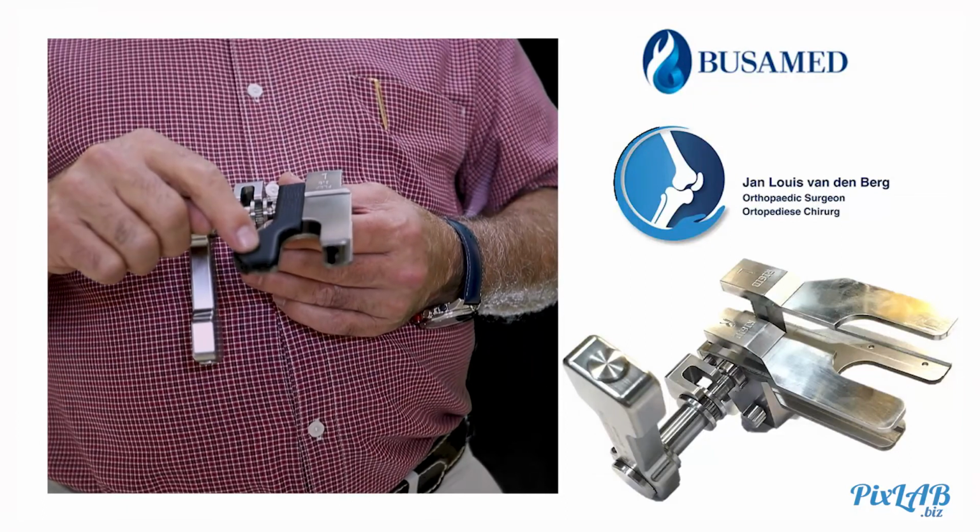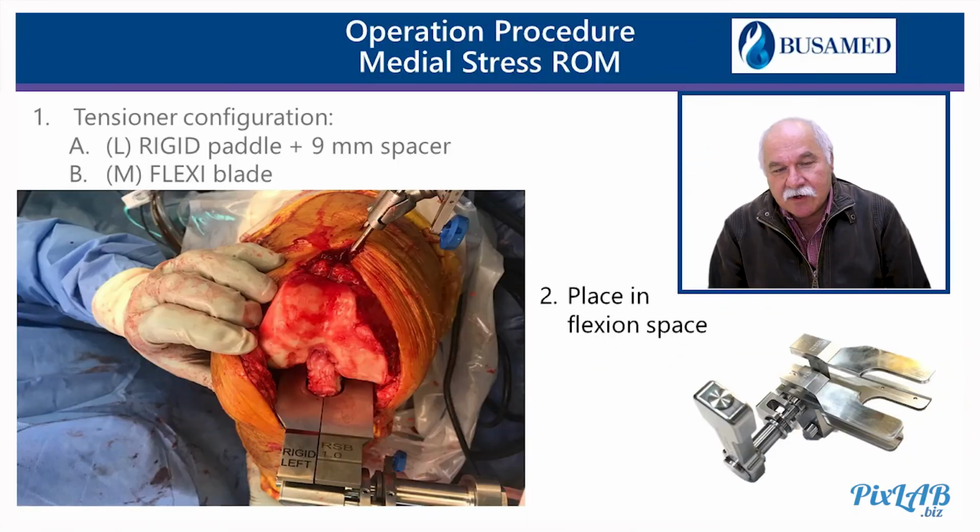a constant joint space. So here we have the operation procedure, our tensioner placed in the flexion space, and we can see in this instance an X-ray of the knee with the rigid platform on the left side and the tension or flexi blade on the right side. You can also see the torque wrench just sticking out on the right side.